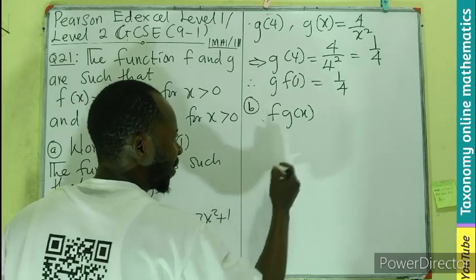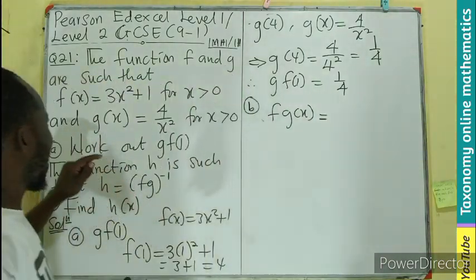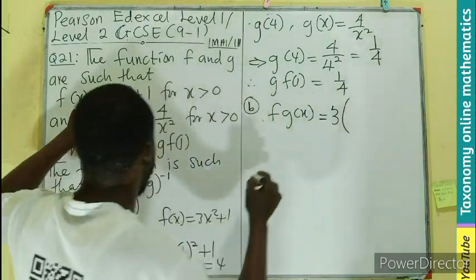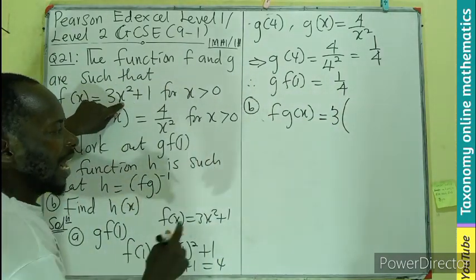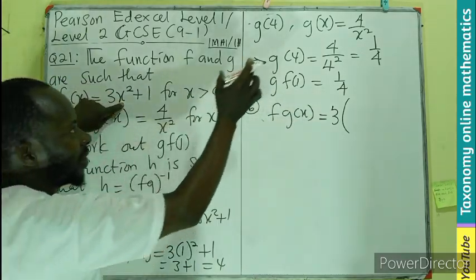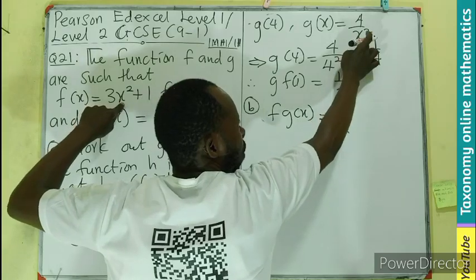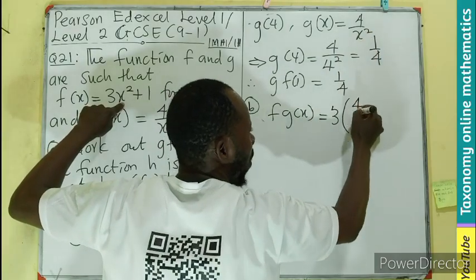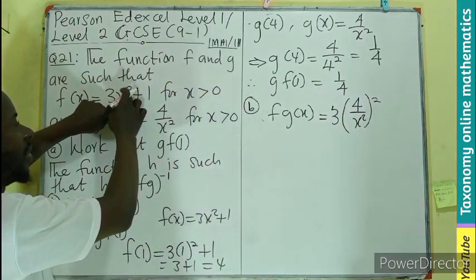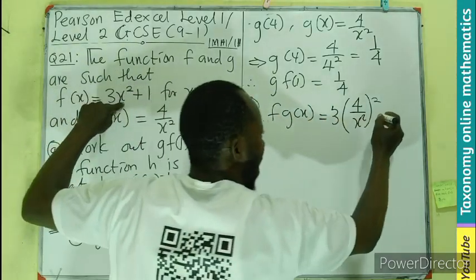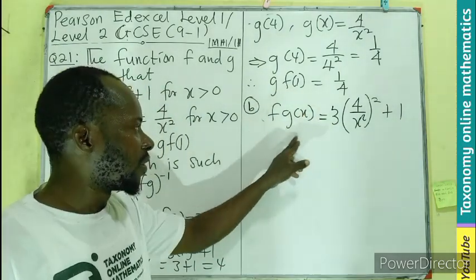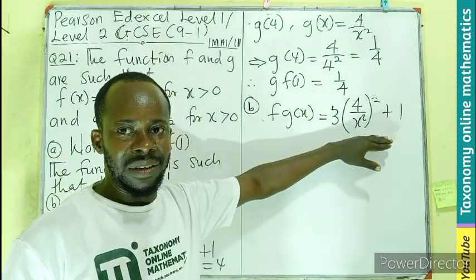Whenever I have the function, it is 3 into bracket x, and what is the x? The x is g of x, and g of x is going to be 4 on x squared. So 4 on x squared, all squared because of this, then we have plus 1.